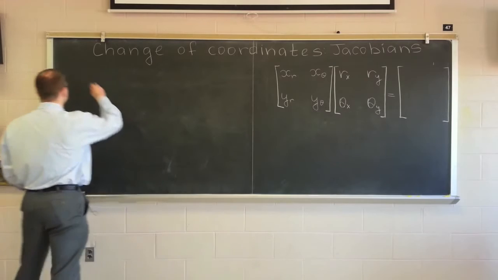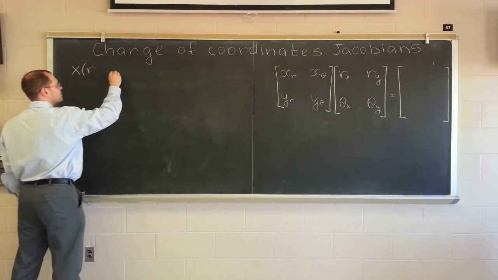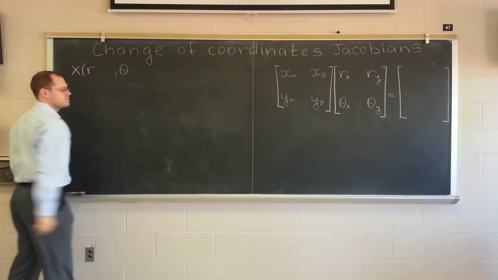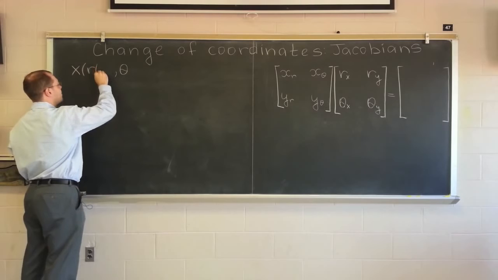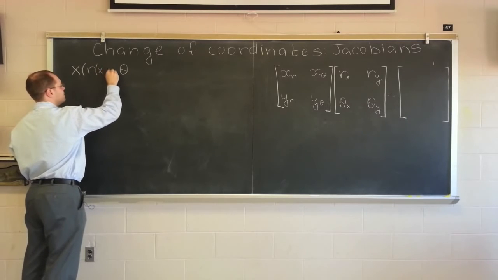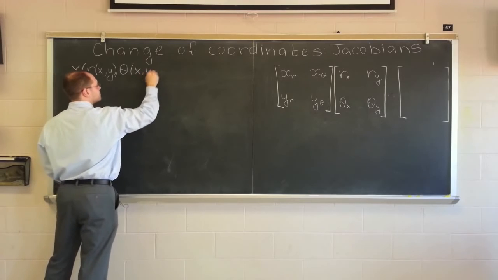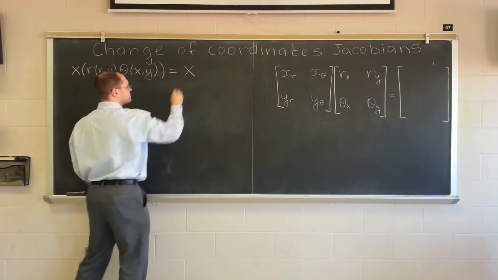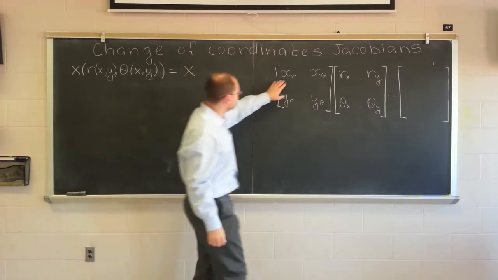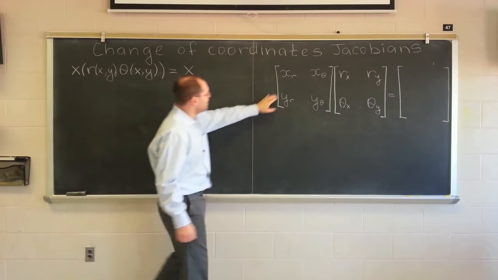So let's write this. Let's say that x as a function of r and theta, where into this relationship we plug in how r depends on x and y, and how theta depends on x and y, and the result is x. And my square x's and curvy x's are the same letter. If I write things slowly, I go for this x.